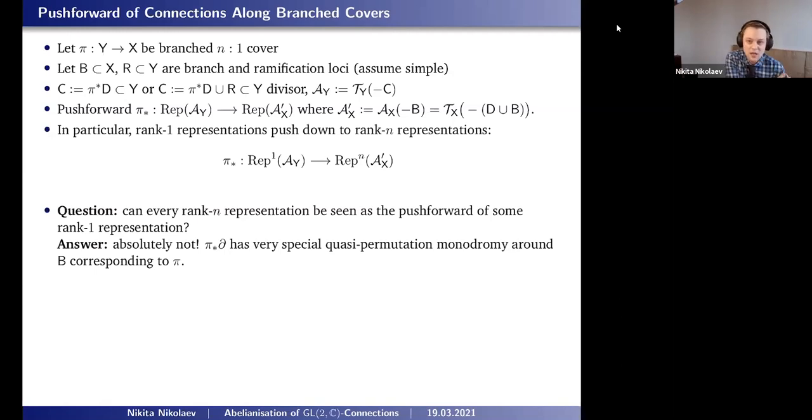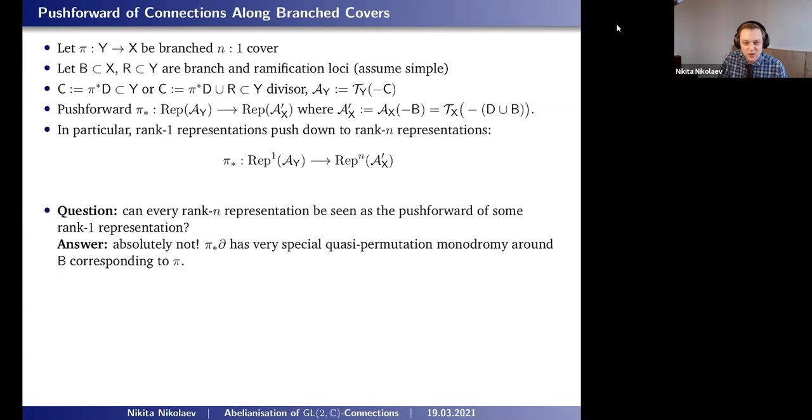This would be very advantageous because then, if I can present a rank n representation as secretly being a rank 1 representation just on a more complicated Riemann surface, then I could rephrase all my non-abelian problems about rank n representations as abelian problems about the rank 1 representation. But of course, life is not simple. The answer is that absolutely not, you cannot do this.